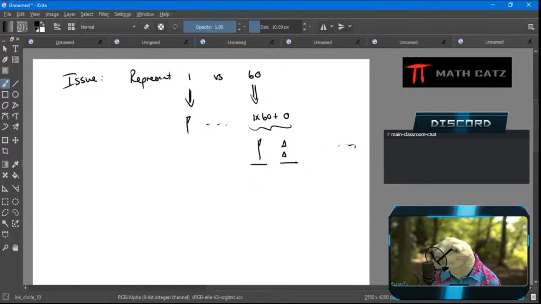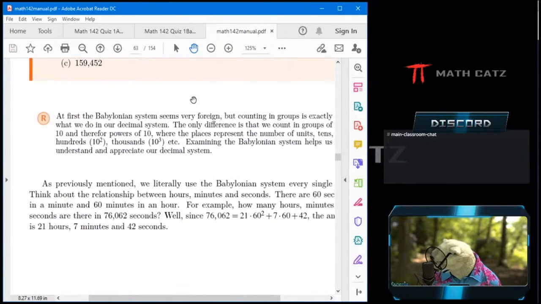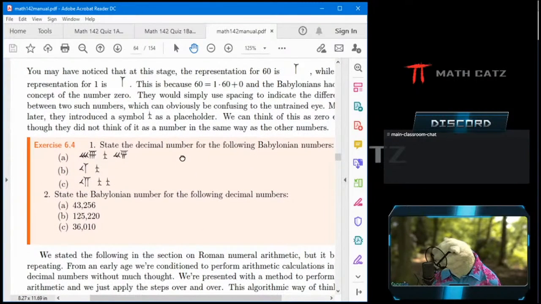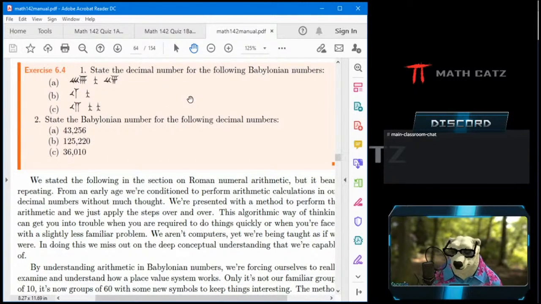Okay, so let's do a couple of examples with that over here. So in the book, it sort of looks like triangles, I guess, in exercise 6.4. Now, I'm not trying to be lazy here.